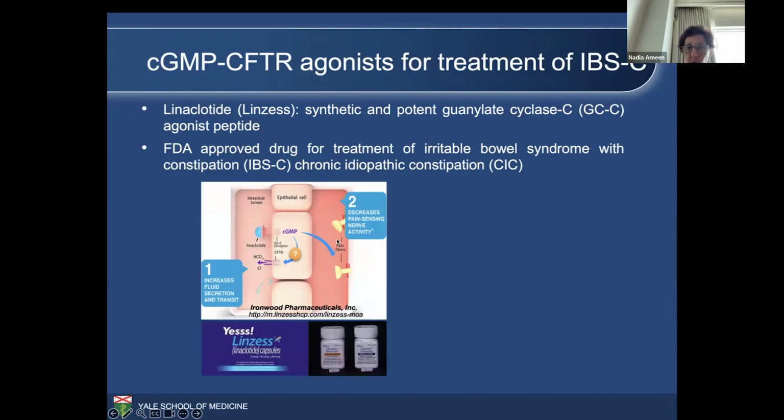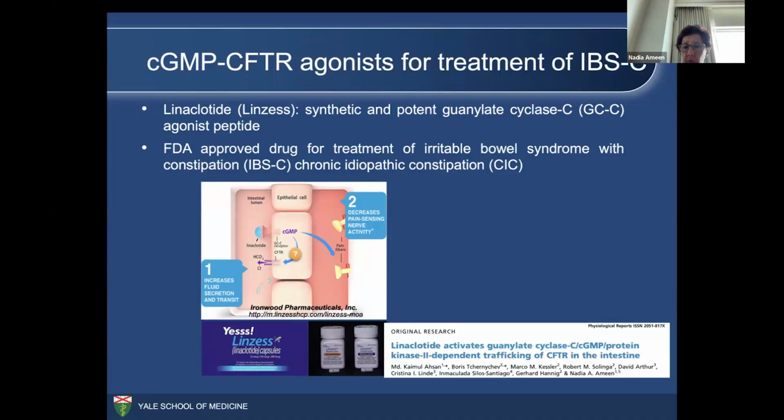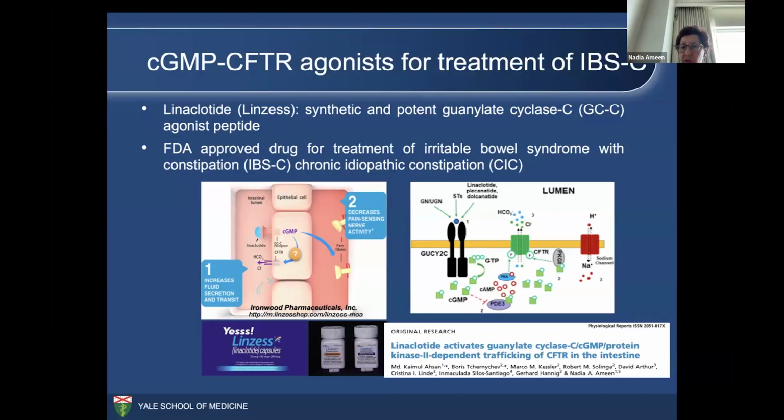The drug Linzess also decreases pain sensitivity through the nervous system, and the mechanism of action was not really known until recently. We contributed to understanding how Linzess works by doing work on the trafficking aspect, and showed that, in fact, Linzess works by activating a cyclic GMP-dependent kinase to traffic CFTR into the membrane, and that's how the drug stimulates fluid secretion.